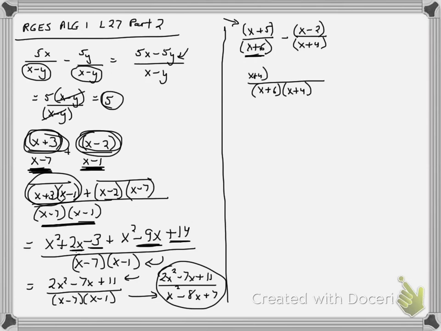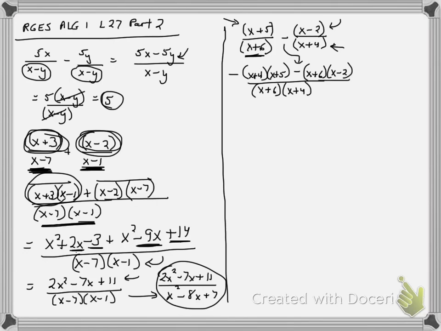So it's going to have to be x plus 4 times x plus 5. Put your subtraction in here. What am I missing? I've got an x plus 4 here in the second fraction, but I'm missing the x plus 6. So my second numerator will have to be x plus 6 times x minus 2.